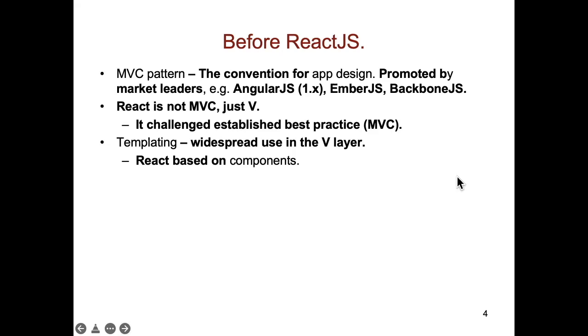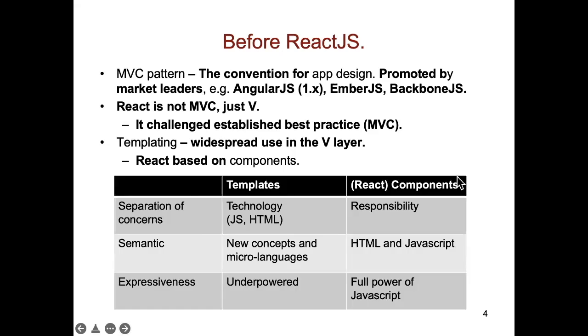But back then it was novel, and it was going a different direction. So React is very much focused on V, which stands for view, and it uses a component model rather than a templating model. And there were various advantages that they felt justified the choices that they made, which I'm mentioning here on the table. I'm not going to talk my way through them, but the essential advantages had to do with reusability and composability of your code base.